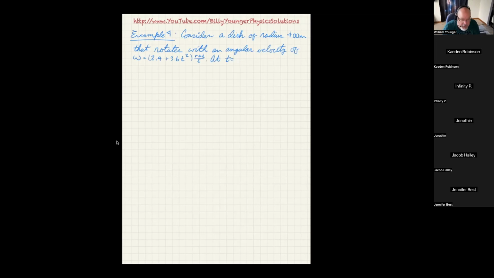Let's say at t equals 3.00 seconds. What is A, the angular acceleration, and B, the angular velocity.